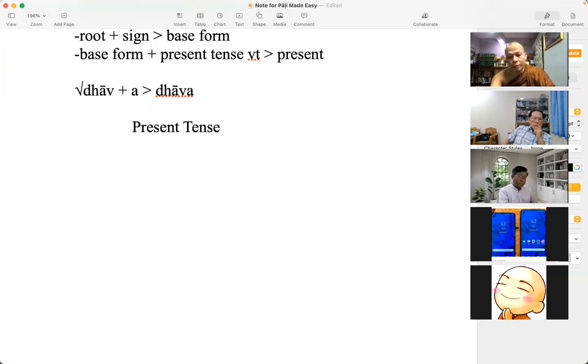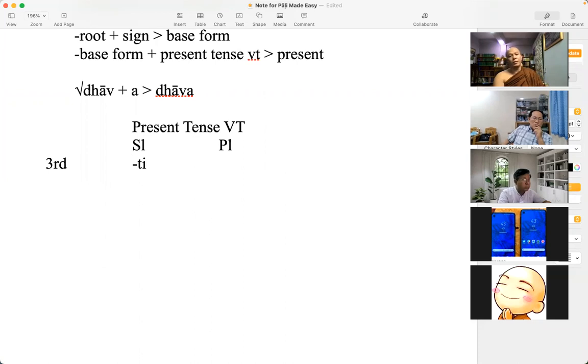So present tense verb termination. So here, person, singular and the plural. And then now third person singular is di.